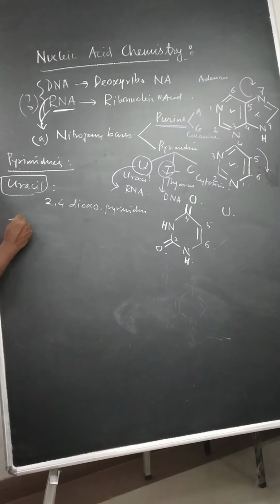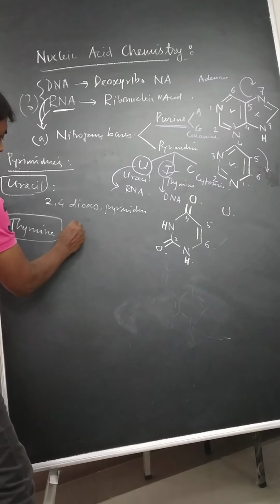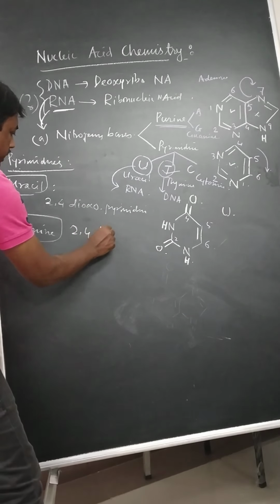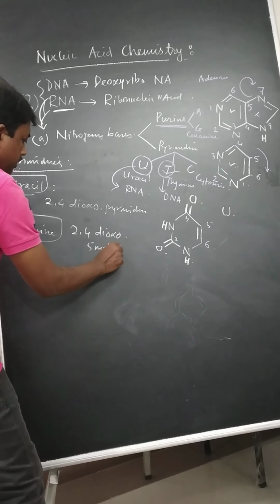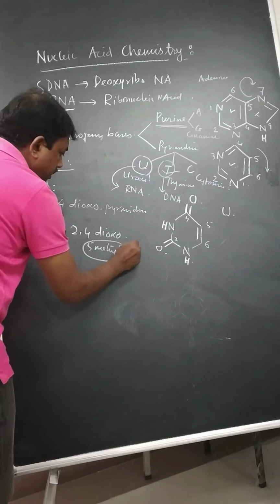Now next is thymine. What is that? This is uracil plus 1 methyl group, that is 2,4-dioxo-5-methyl. This is an extra 5-methyl pyrimidine.